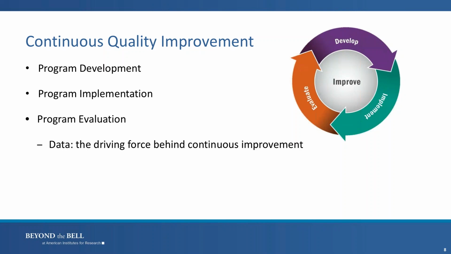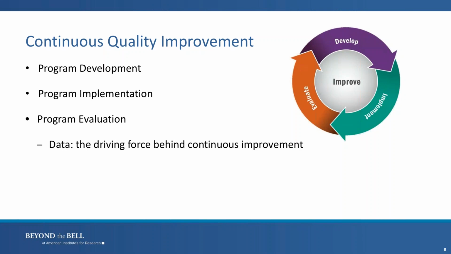And then, perhaps most important, we evaluate the implementation of the program and use data to continually develop the program. And by that, I mean to continually get better. So when we think about this cycle of continuous improvement, it can be described in just a few words: plan, do, reflect, revise.